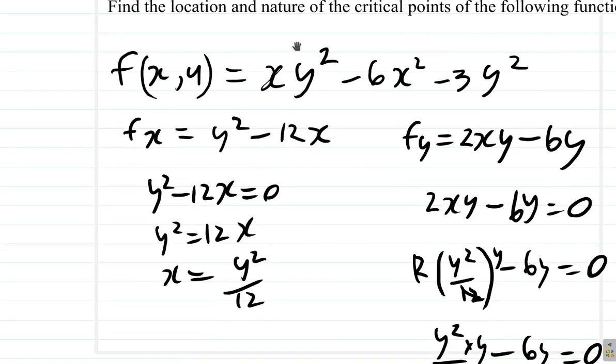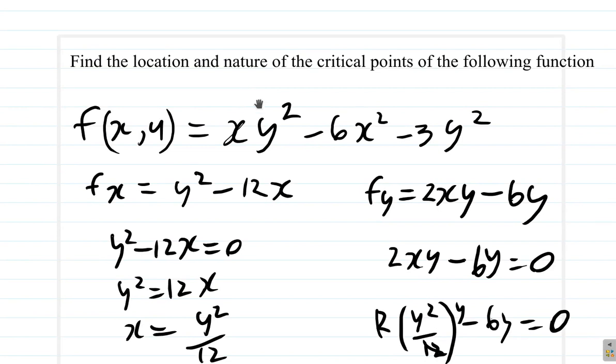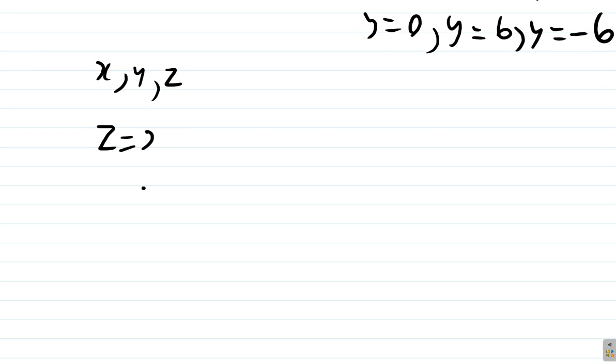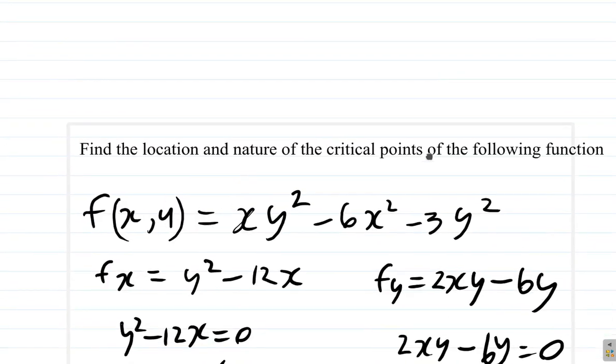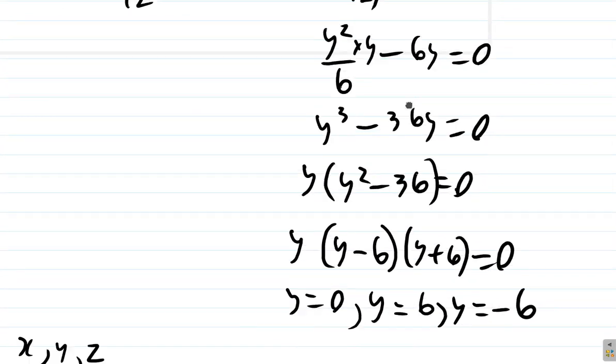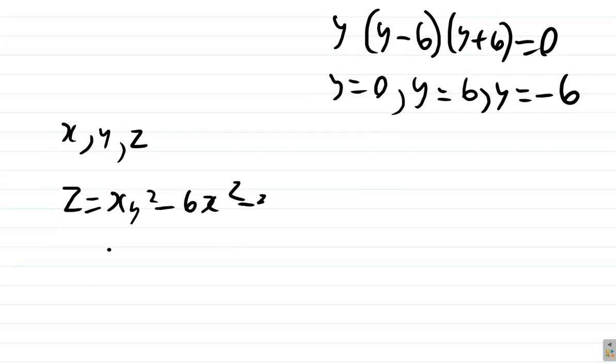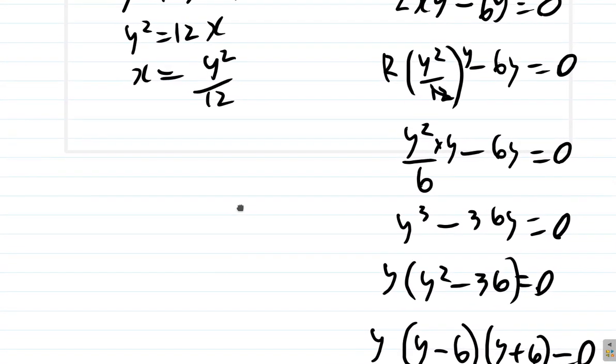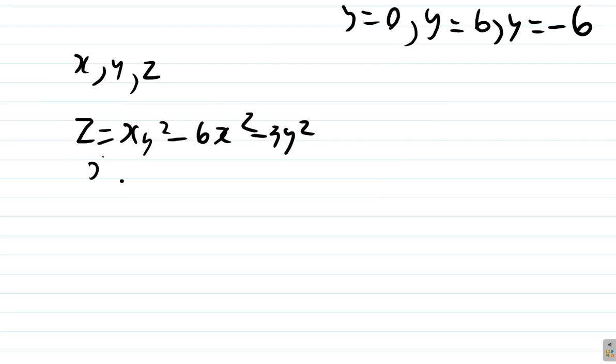Z was xy squared minus 6x squared minus 3y squared. And at the same time, x is y squared over 12.